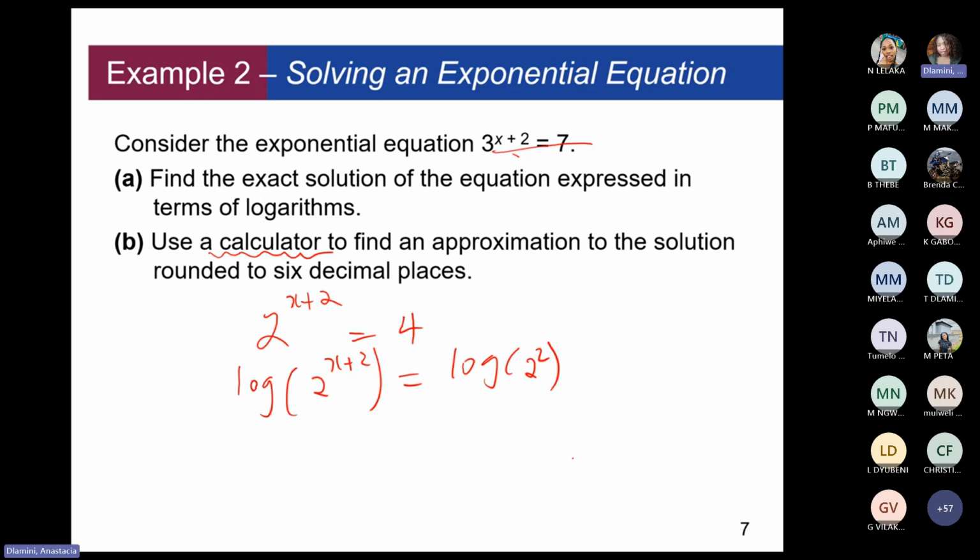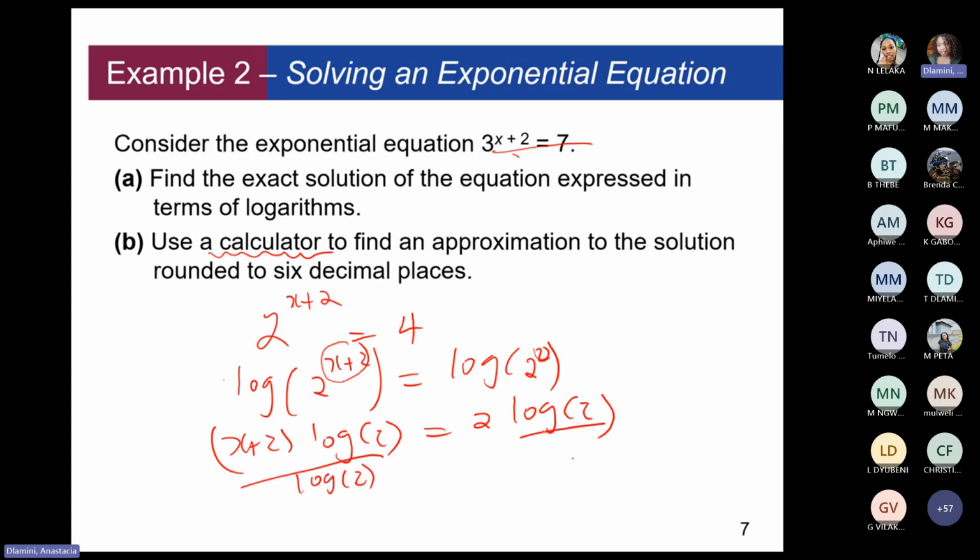Because of our log laws, we can take the power outside the log. So this becomes x plus 2 times log of 2, which is equal to 2 log of 2 as well. Then we divide by log of 2 on both sides. What you do on your left, you do on your right-hand side. So this becomes x plus 2 is equal to 2. So x is equal to 2 minus 2, so x is equal to 0.